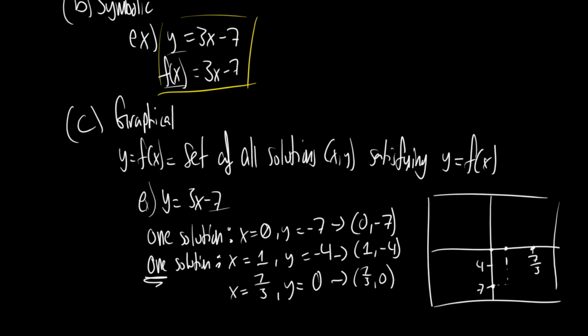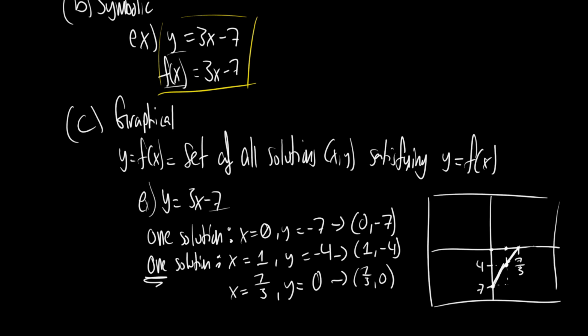I may have made a bad graph, but it should be very linear. Maybe I should just move this a bit closer. And that is our 7/3. But as you can see, we plotted all 3 points down.